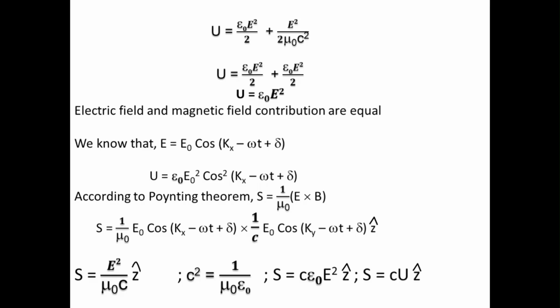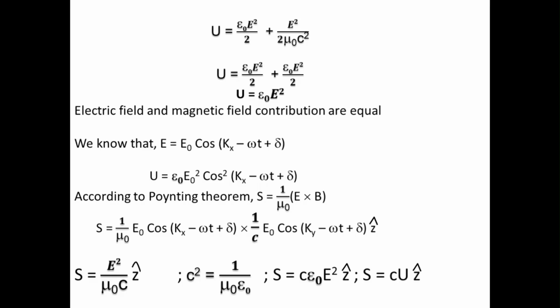Then x cross x, y cross y, or z cross z is equal to 0, because a cross b is equal to ab sin theta n cap. Similarly, x cross y gives z cap, and y cross z gives x cap.